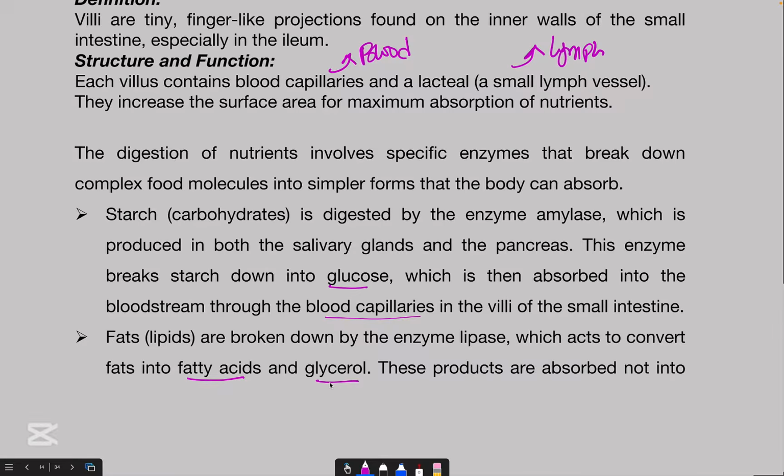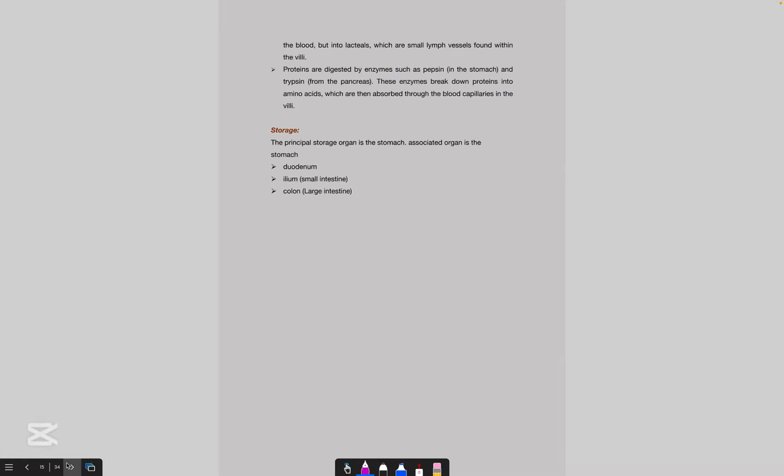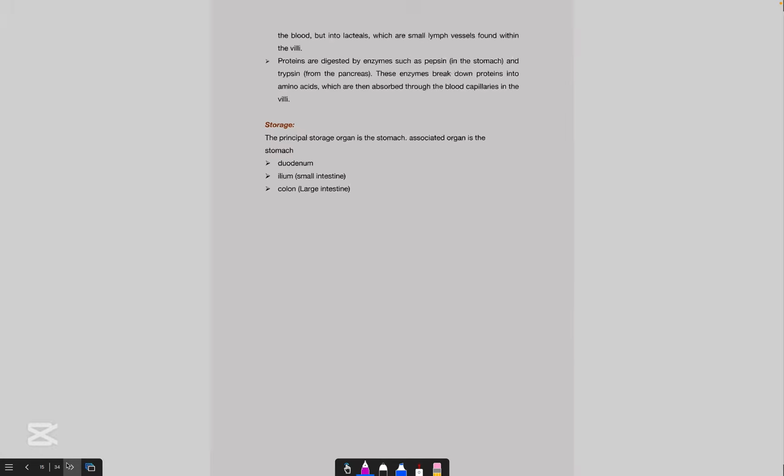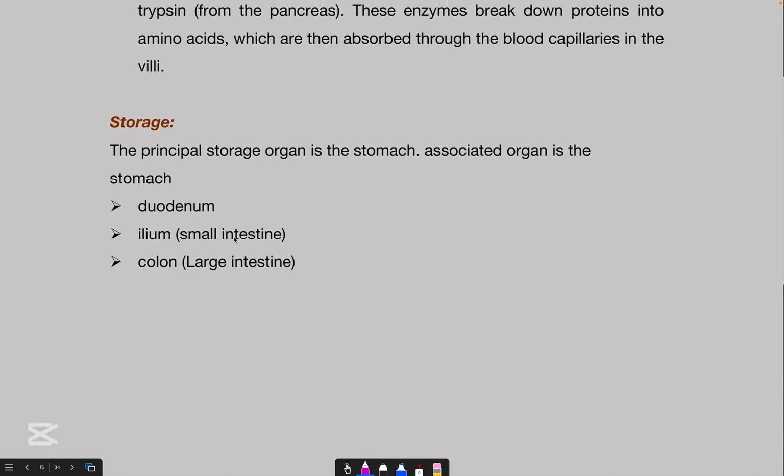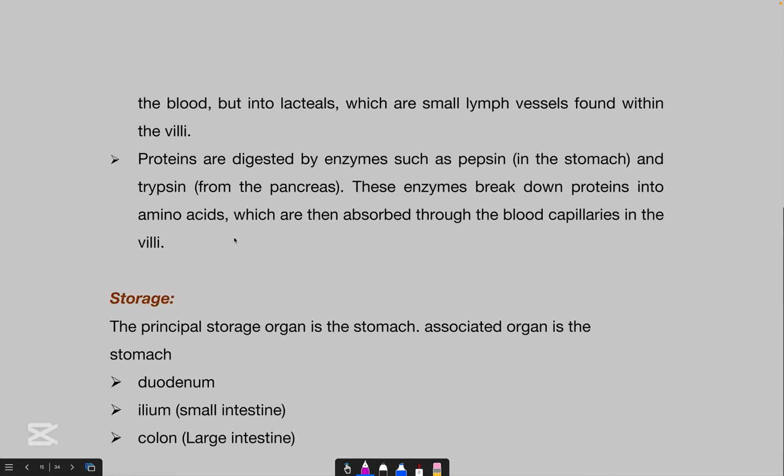These products are absorbed not into the blood. The fatty acid and the glycerol are not absorbed into the blood, but into the lacteals, which are small lymph vessels found within the villi. So the fatty acids and glycerol don't go into the blood.